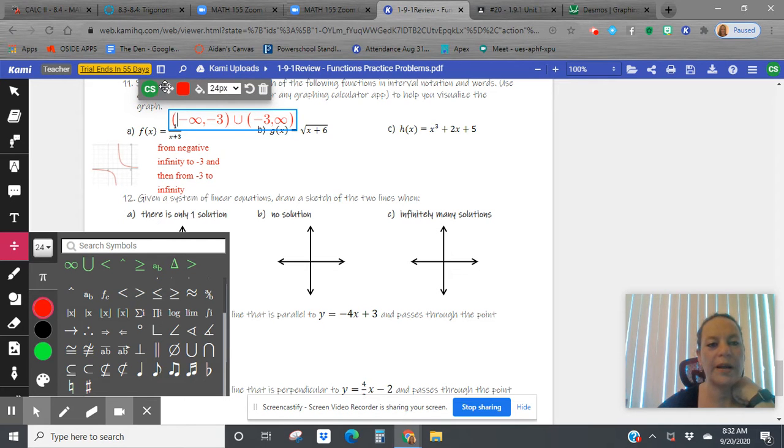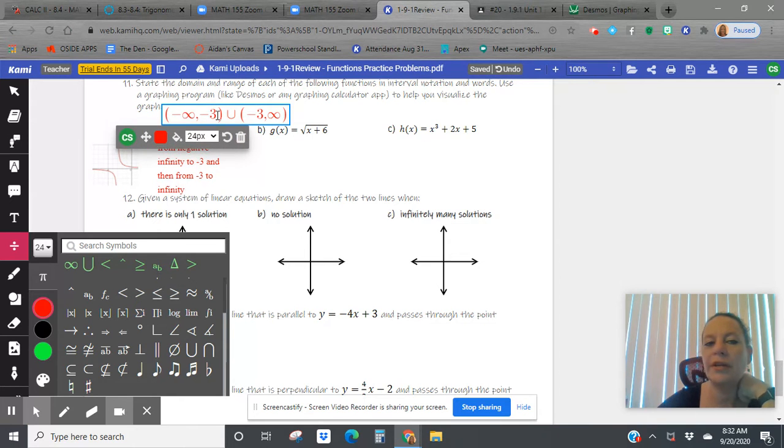Notice the open brackets on everything, showing that you cannot touch infinity, it's not included, showing that the negative 3 was not included. U for union.